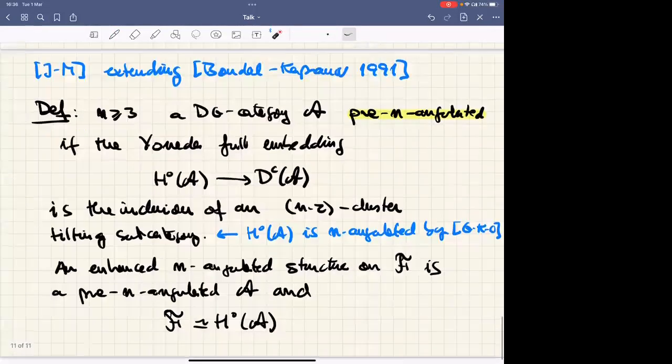It has a suspension functor, which will be the n-2 fold suspension, the restriction of the n-2 fold suspension in the derived category. And it has a class of exact n-angles and so on. We can transfer to F the class of exact n-angles if this equivalence is compatible with suspensions. If we don't have a predefined suspension on F, we can also transfer the suspension from the right to the left. And as usual, we call A the enhancement of F.